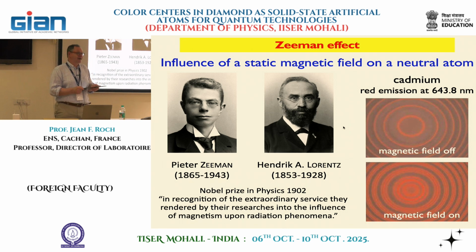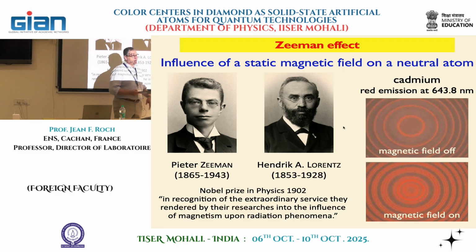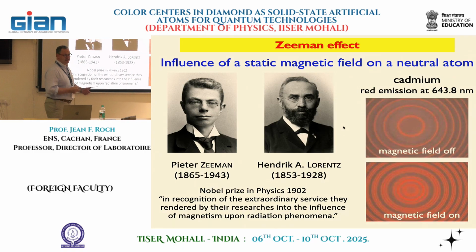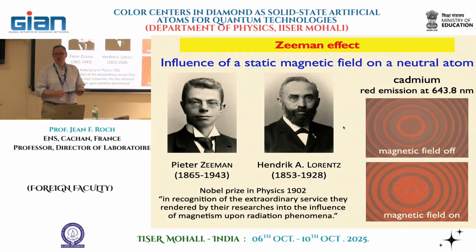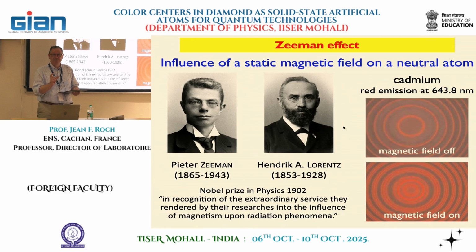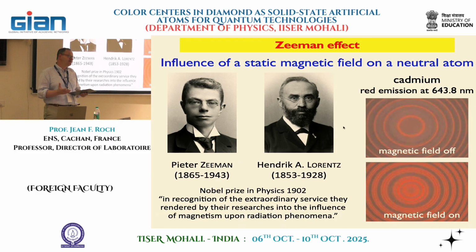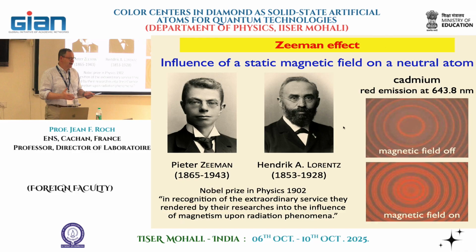Faraday tried, but didn't succeed in observing anything because the effect is very tiny and you require very powerful spectrographs. That was really the achievement of Zeeman: to have a very good spectrograph and be able for the first time to measure the splitting. Actually, it was not really a splitting, it was just a broadening of the line.